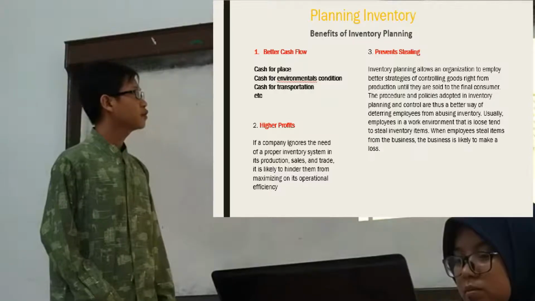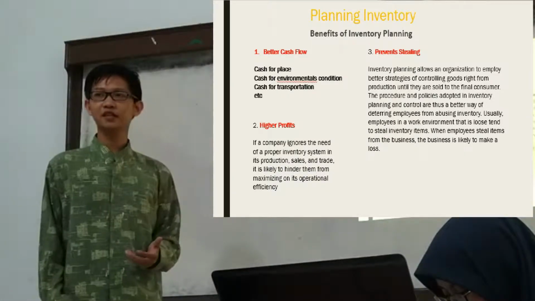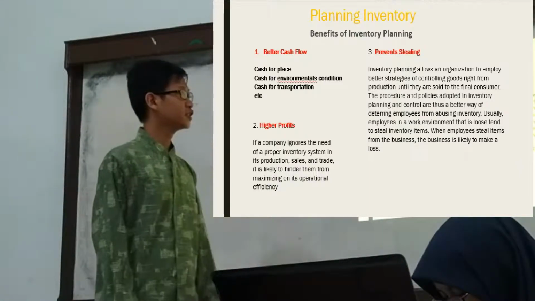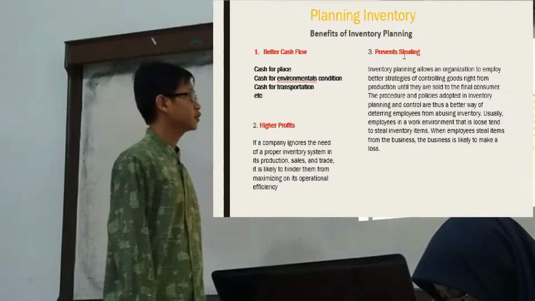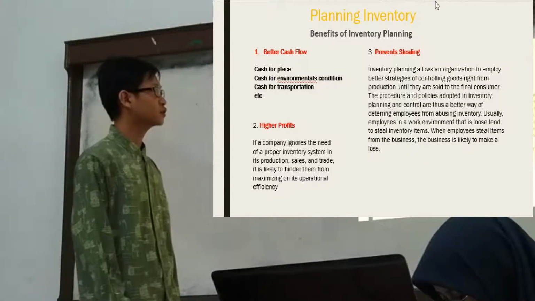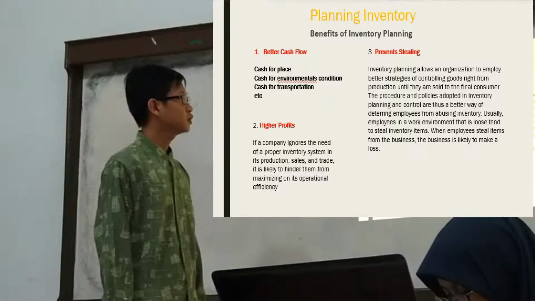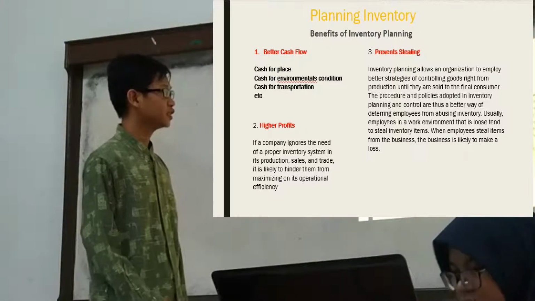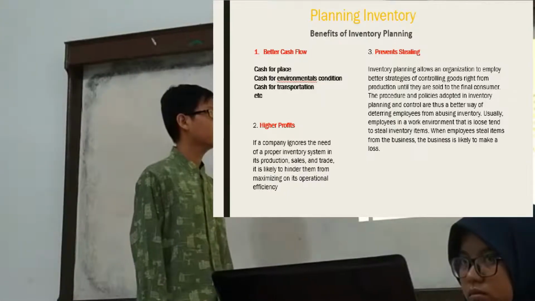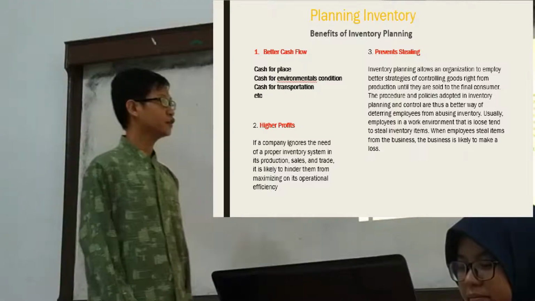And prevent stealing. We need the inventory to prevent stealing. Inventory planning allows an organization to employ better strategies of controlling goods right from production until they are sold to the final customer. The procedures and policies adopted in inventory planning and control are a better way of deterring employees from abusing inventory.